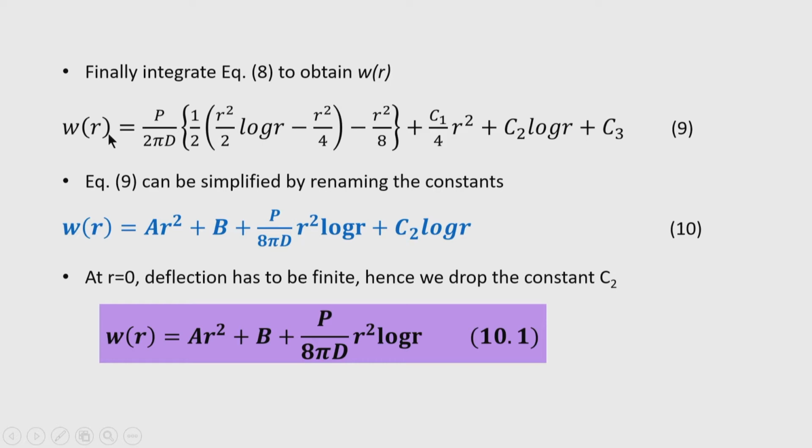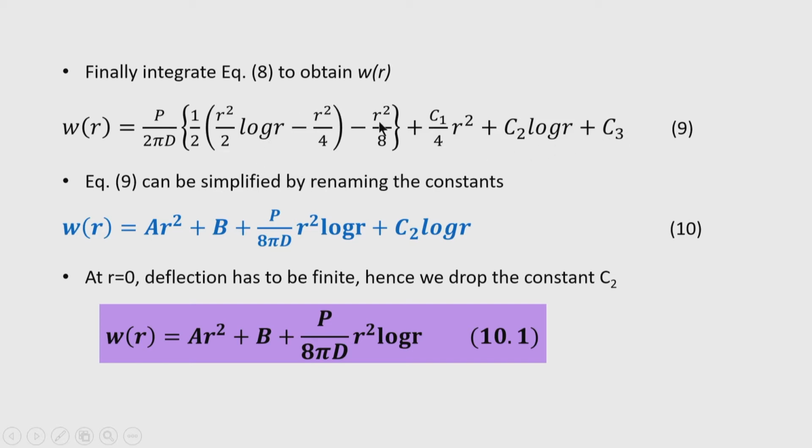But still there are some tasks here. You can see that there are terms which contain P, that is the load. There are terms which contain r square log r. There are terms which contain only r square, and there is also a term which contains only log r, and a constant.